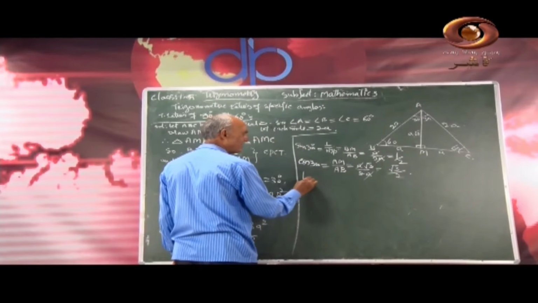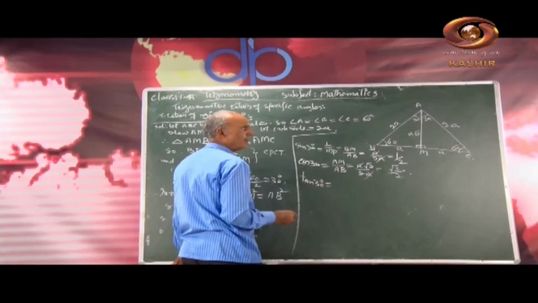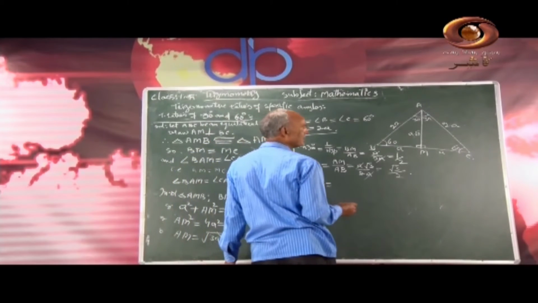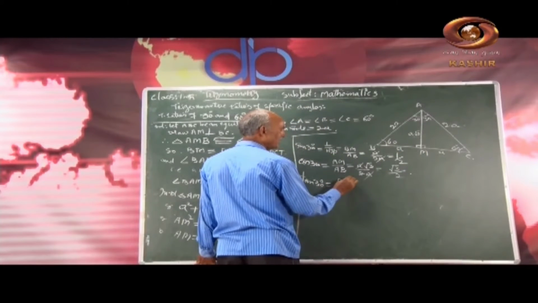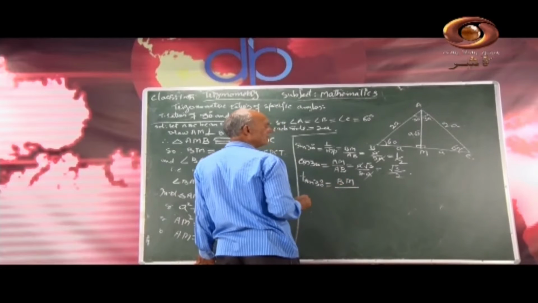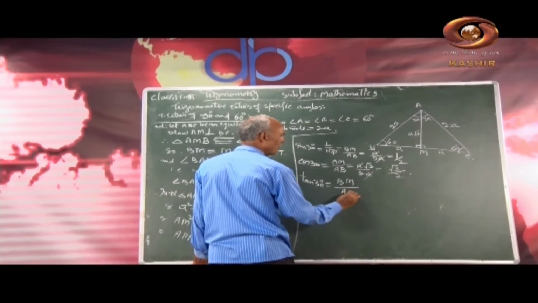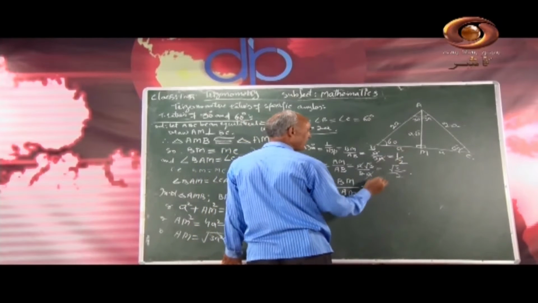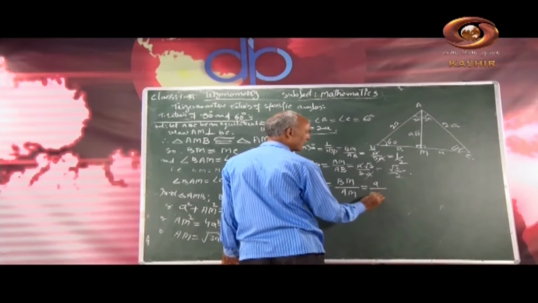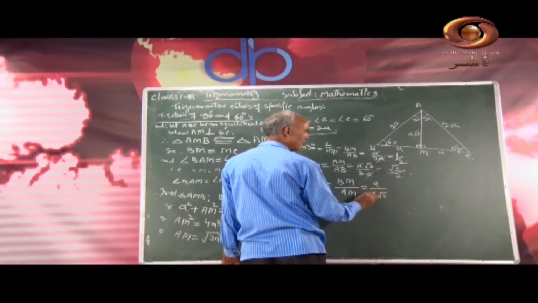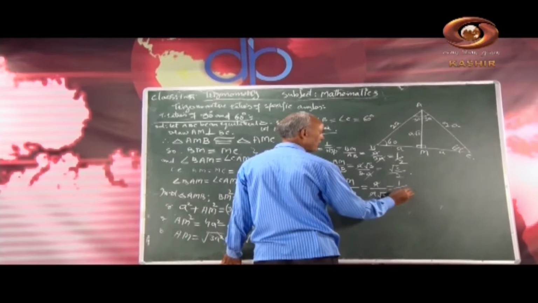And then tan 30 degree is equal to perpendicular by base. For 30 degree angle, the perpendicular is BM and the base is AM. So the perpendicular is a and the base is a root 3. Cancel out a, we get tan 30 is equal to 1 by root 3.